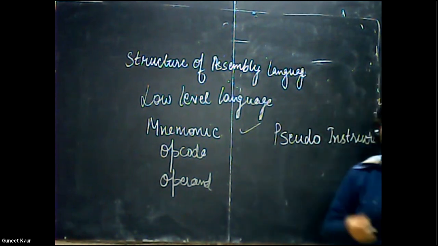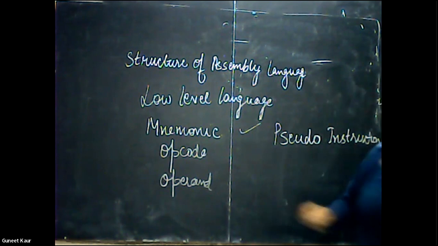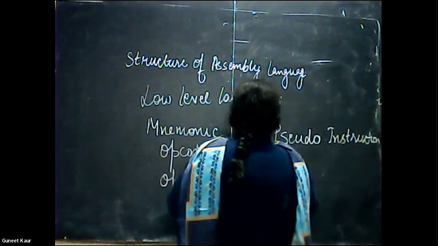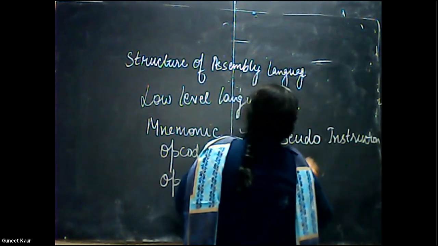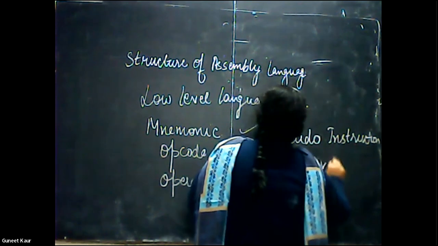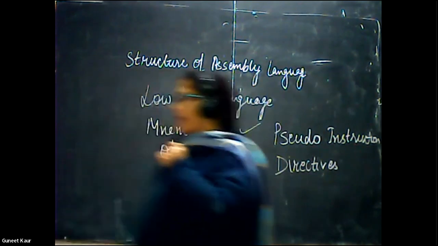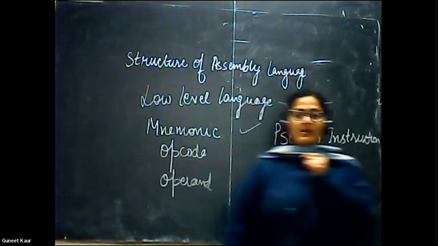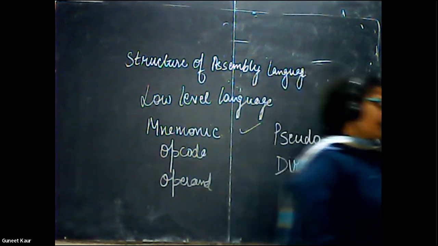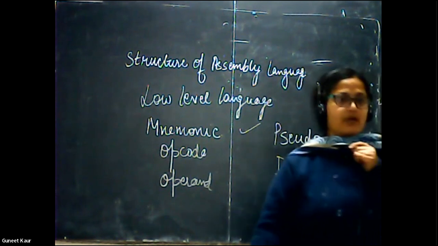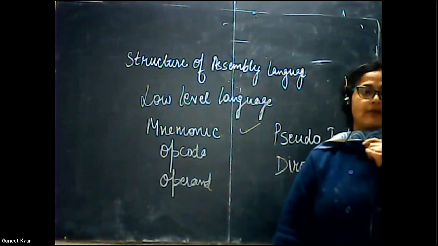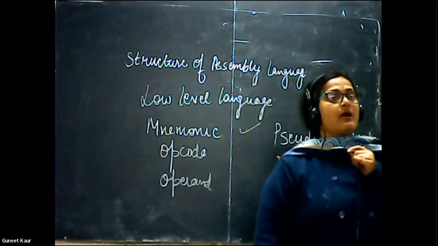What are directives? Directives give directions to the CPU. So this was some introduction about the assembly language structure. Now I will discuss this assembly language structure with the help of a program.